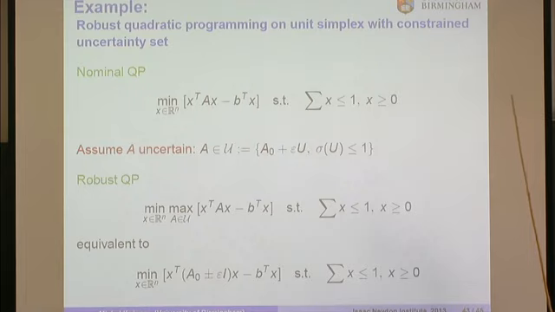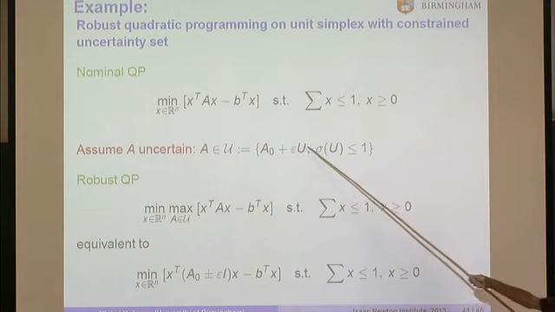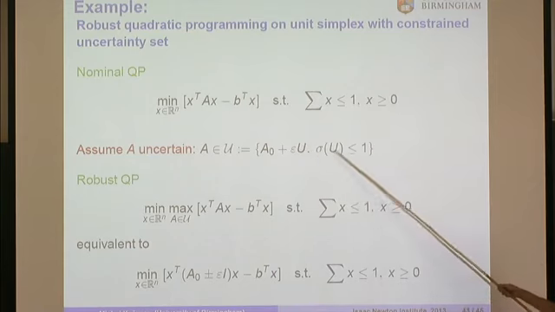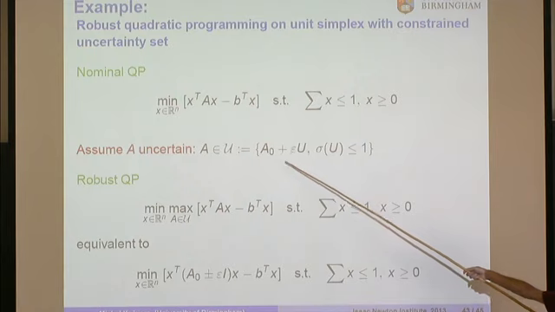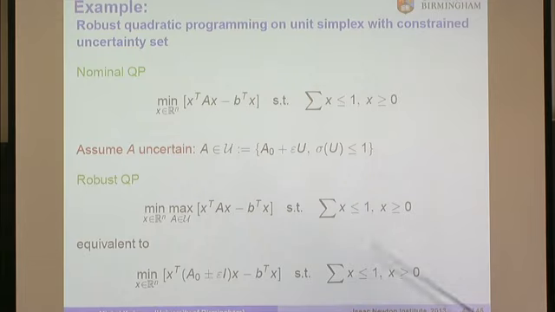That, okay, if it's a huge matrix, and there are some relations of the elements of the matrix, so why allow each of the elements? Let's allow the whole matrix to move within some ball, and the ball is defined as a spectral ball. So A0, the center of the ball, plus some epsilon times a matrix which is symmetric, and the spectral norm of the matrix is smaller than 1.